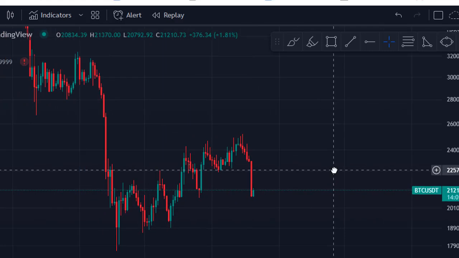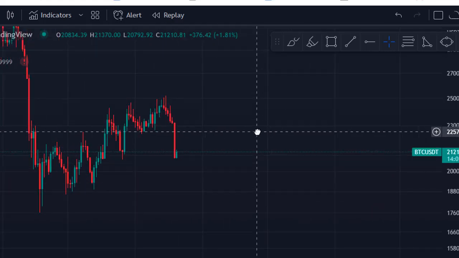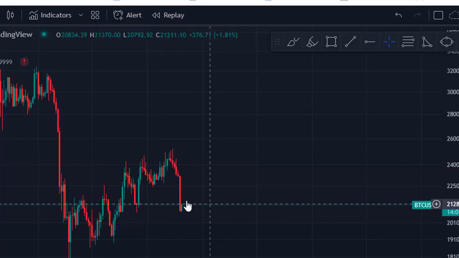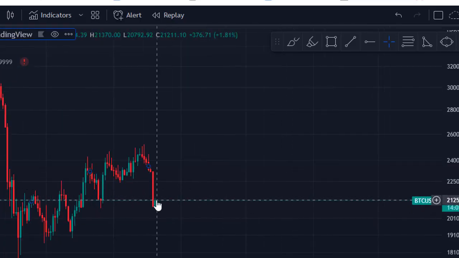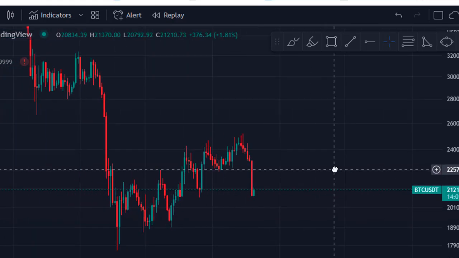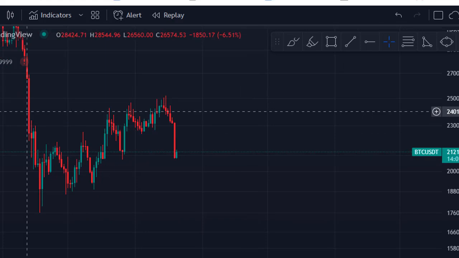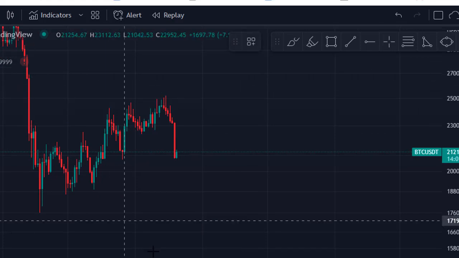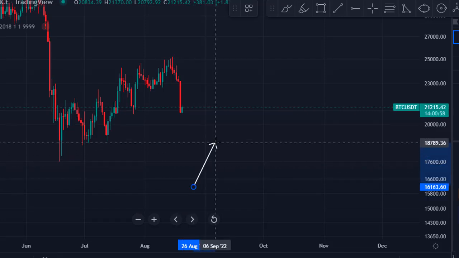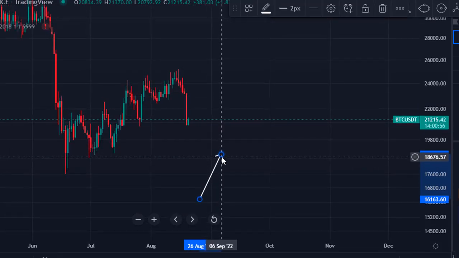There are different ways you can tell where the trend is going. This is the most basic form of an uptrend: you have a push up, then a retracement that doesn't go below the initial low, and then a push up higher that takes out the previous high.